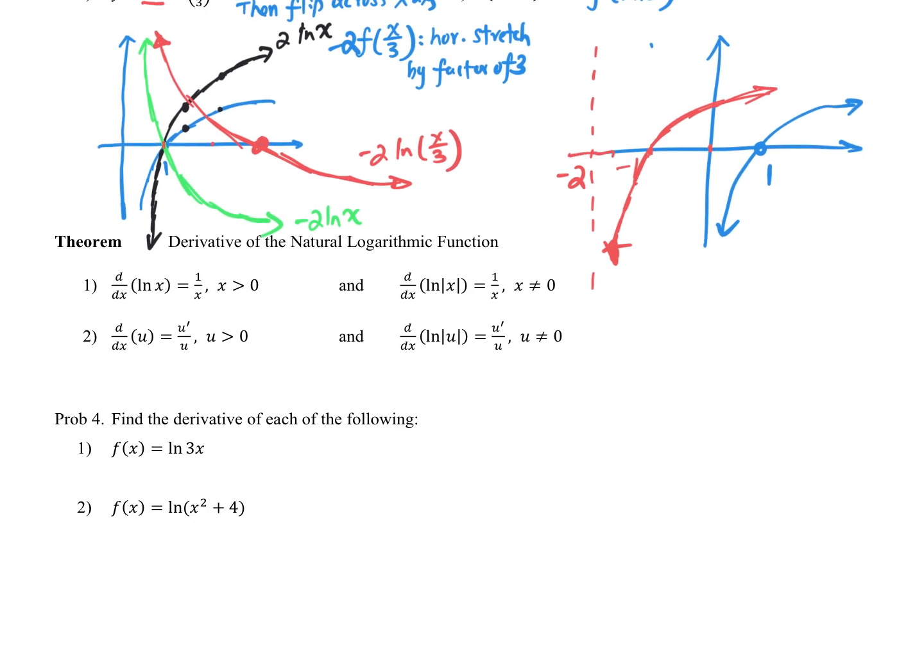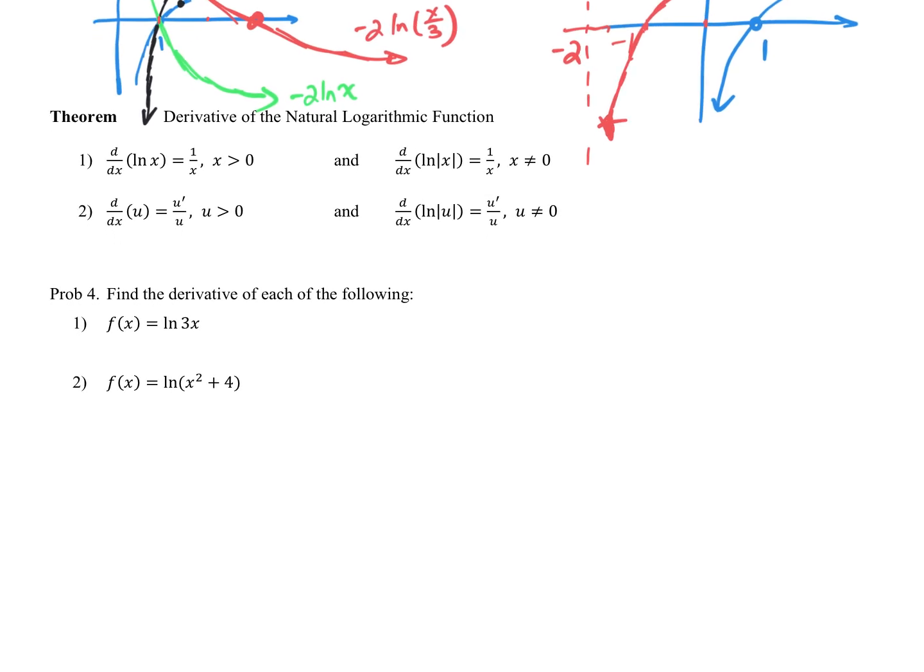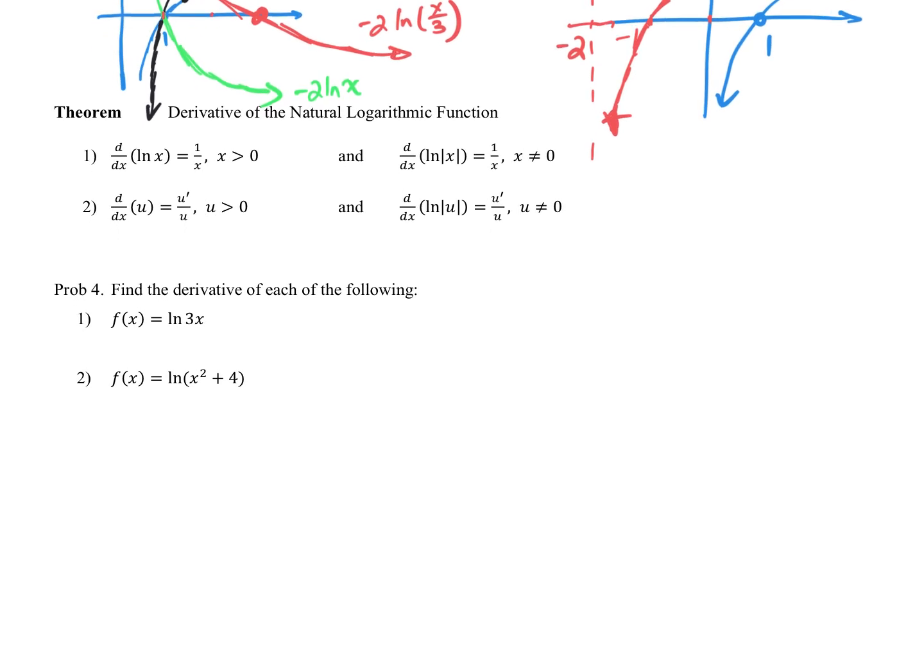Now let's take a look at the calculus of natural logarithmic functions. First of all, the derivative. The derivative of ln x is 1 over x when x is greater than 0. This comes from the definition, because ln x is the antiderivative of 1 over t, right? So the derivative is just 1 over x.